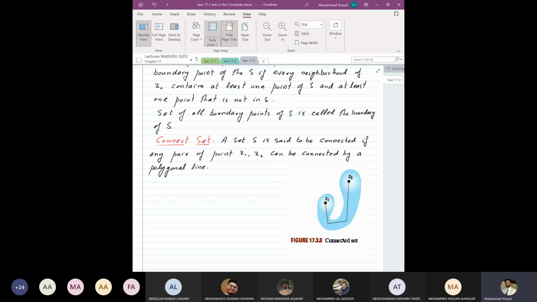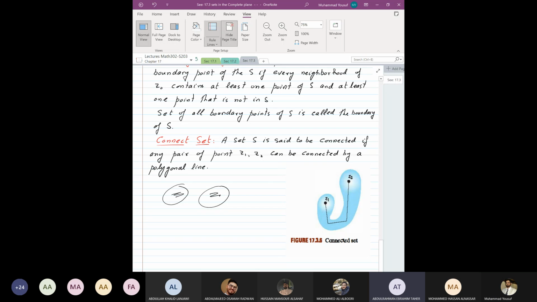Doctor, may you please give us an example of a not connected set? A disconnected set we can have, for example, a set which says that z can be here or here. Then this is a disconnected set.